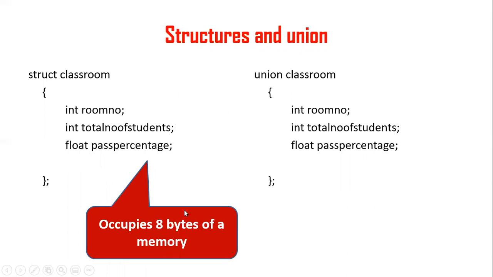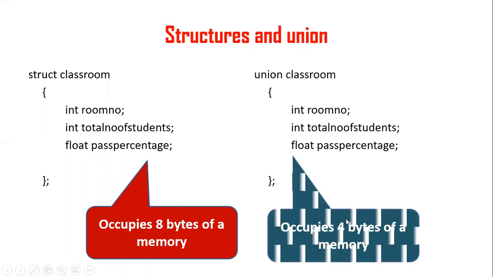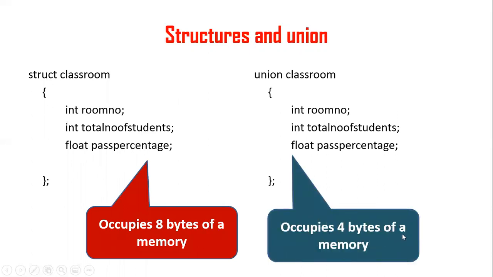Whereas when the same thing is implemented in union, it occupies only 4 bytes of memory, because the size of the union is equal to the size of the largest member in the union. So what is the largest member? Integer is 2 bytes, whereas floating is 4 bytes.